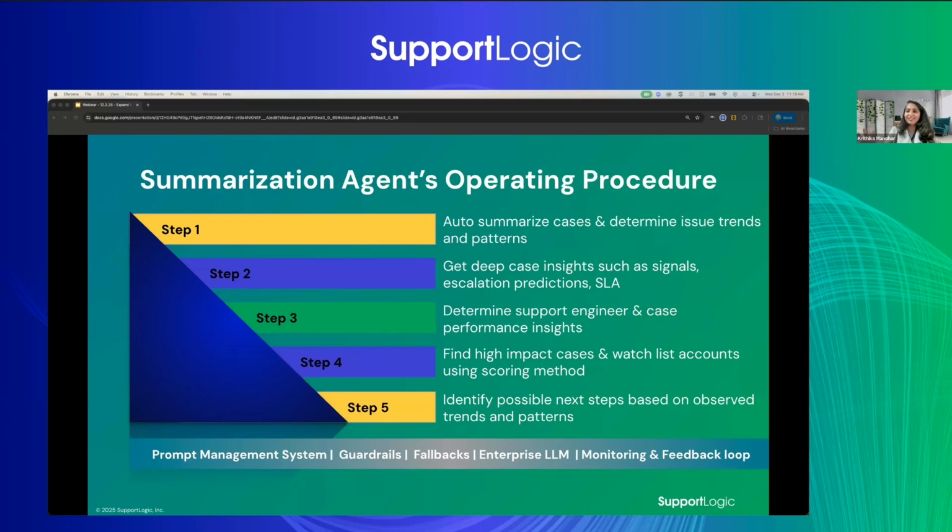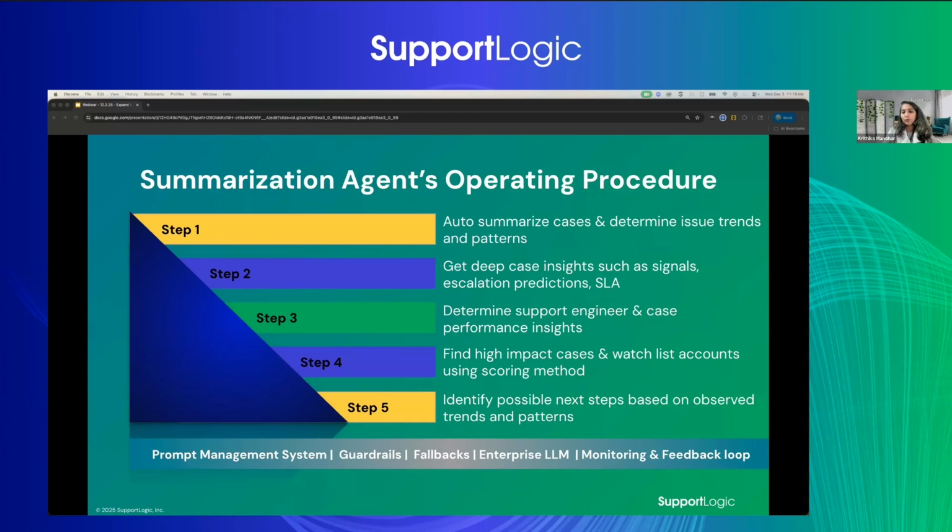Now, once all of this data is collected and organized, then we have a prompt management system that works with this. Now, it is very dynamic in nature, depending upon the workflow and the use case, the right prompt is picked. And we also have guardrails in place to ensure that we have the right fallbacks in place and we're protected from any security concerns or unwanted downtimes and so on.